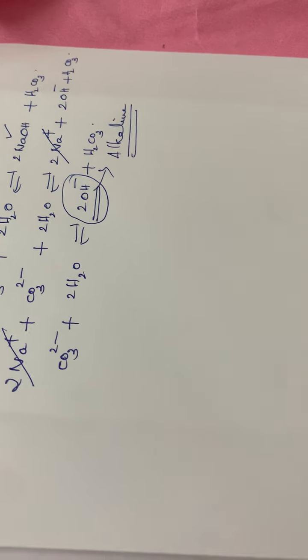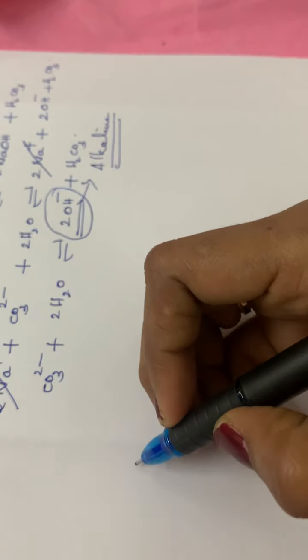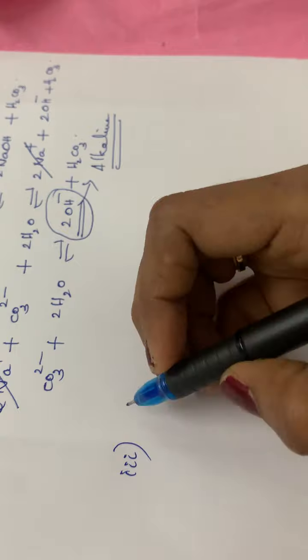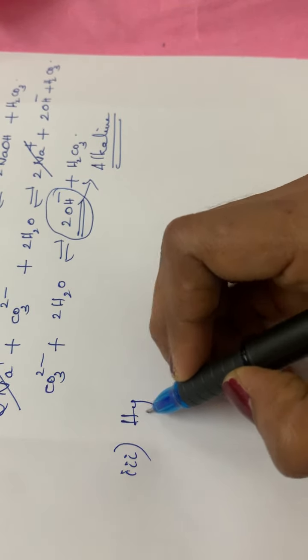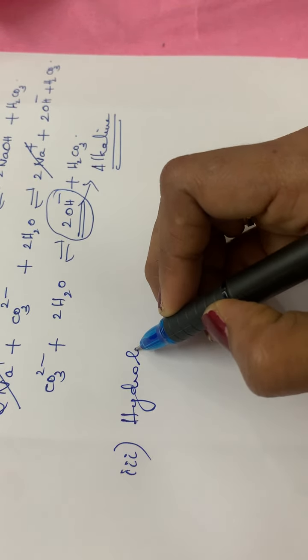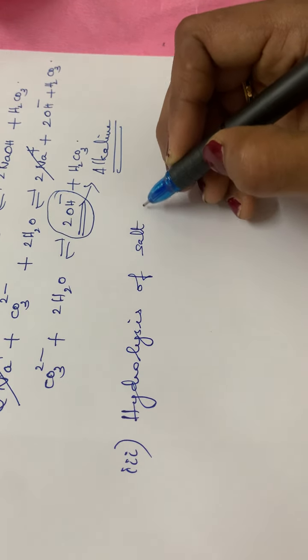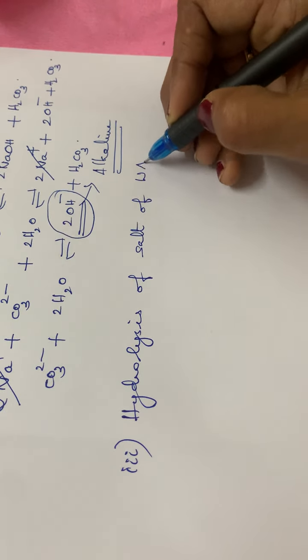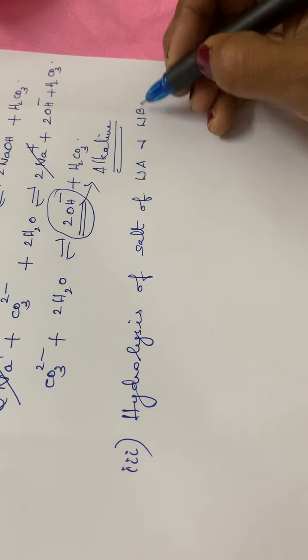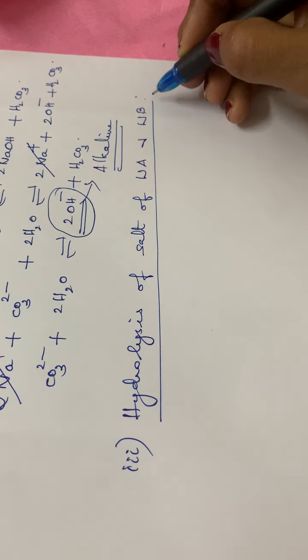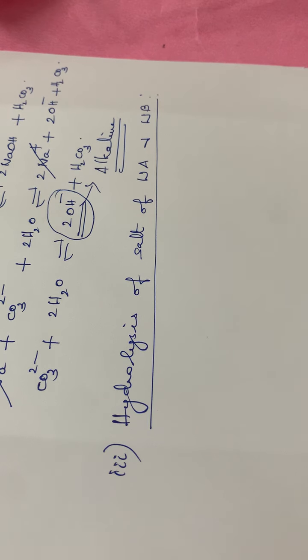Okay, then the next category or the next group of salt hydrolysis, that is the hydrolysis of the salt of weak acids and weak bases.